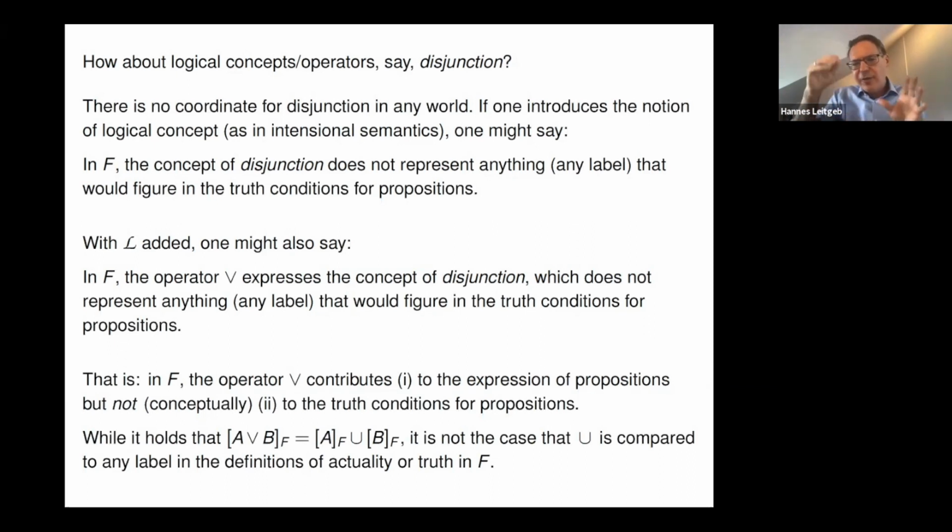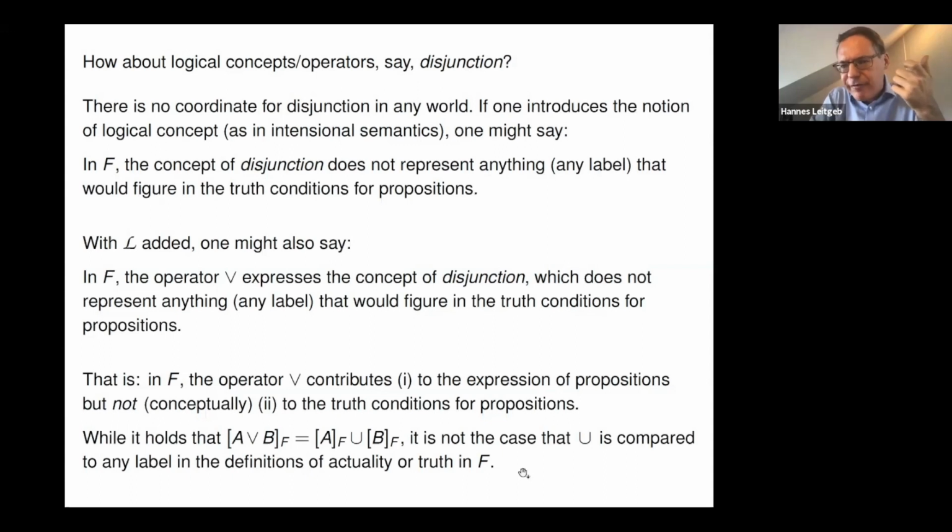Once we get to the truth condition for propositions, for sets of worlds, it's not the case that we have to compare the union function for propositions to any label that would figure in the definitions of actuality or truth. That's why the disjunction symbol is a merely expressive device.